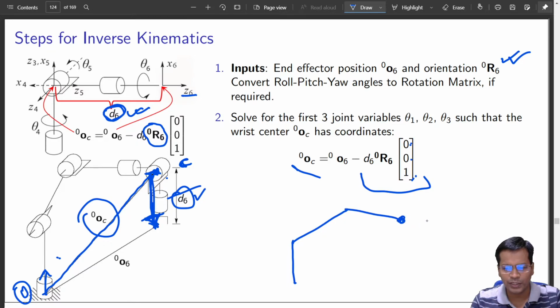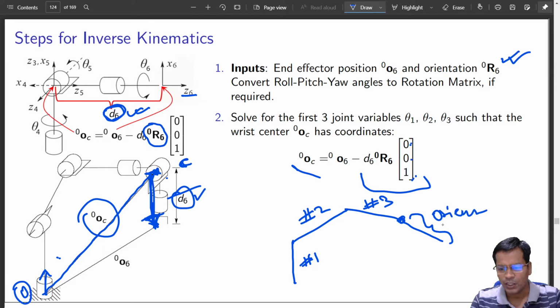You have excluded the rest of the things. The orientation part that comes after this, this is first link, this is second link, this is third link. The rest of the three was here, which gave you orientation. You have segregated the orientation problem from the positioning problem. I have found out this location now. 0O6 is now known.